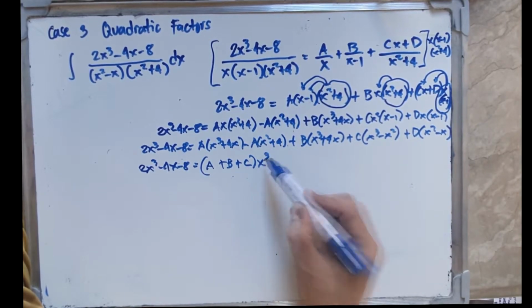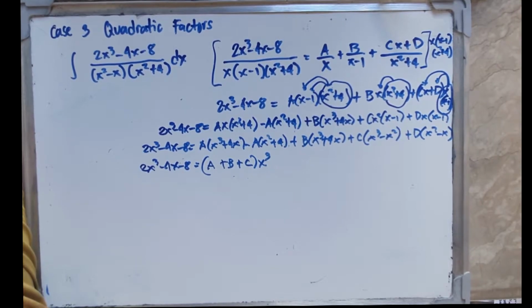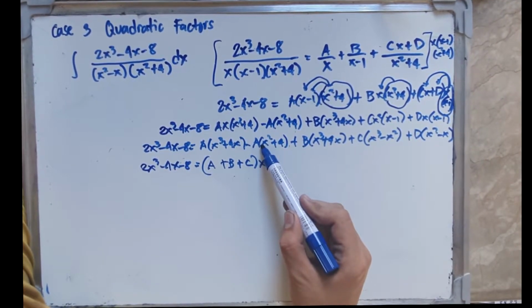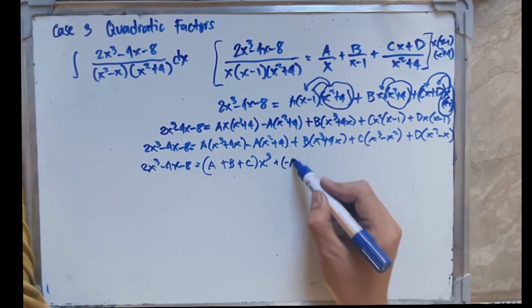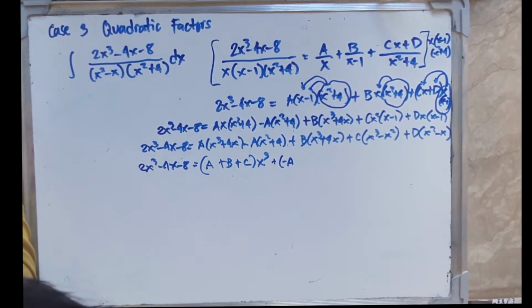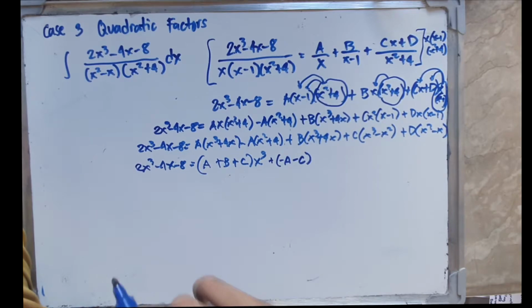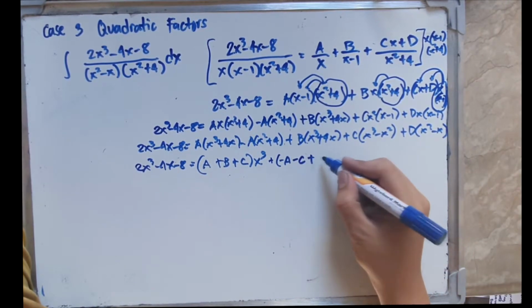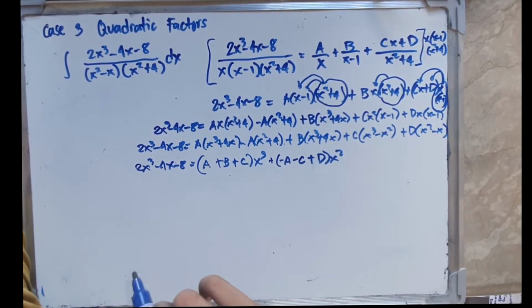This is the cube. Next, for the square, we have negative a. So I'll just have negative a squared minus c, and we still have plus d. So these are the squared.